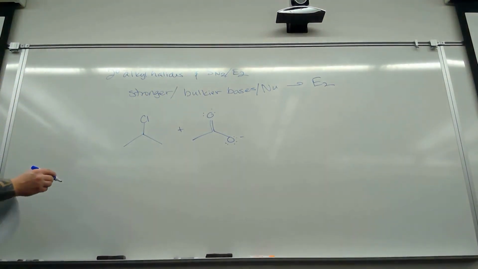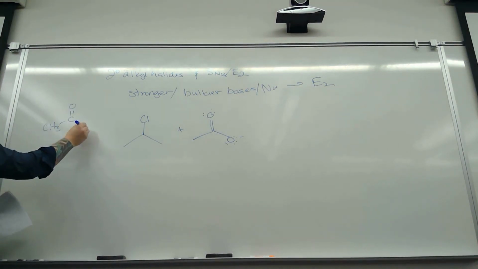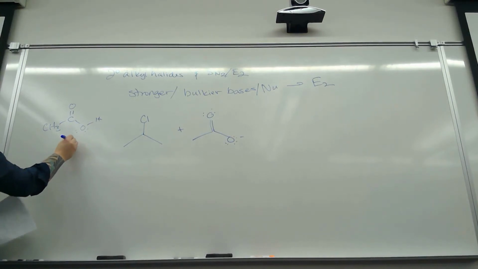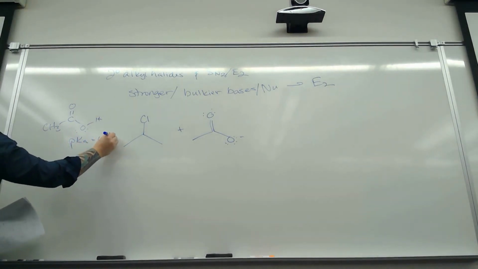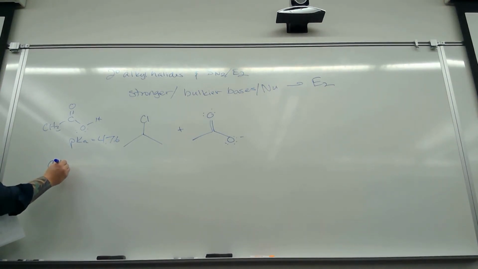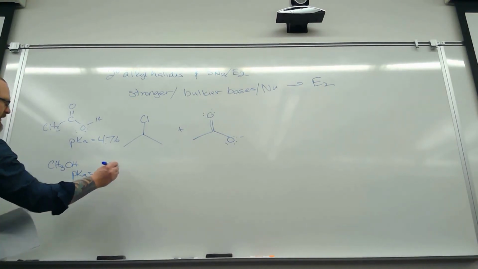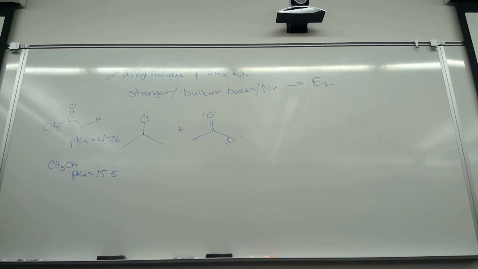Acetic acid has a pKa of 4.76, whereas say methanol is about 15 and a half. So when you take this proton off, because this is such a poor acid, it is a very strong base.